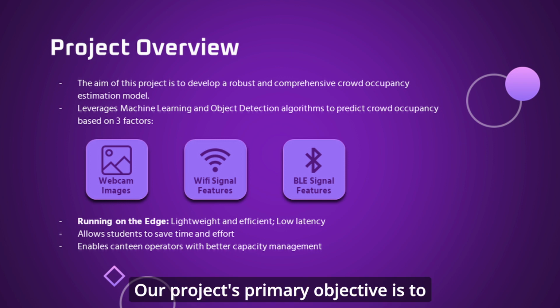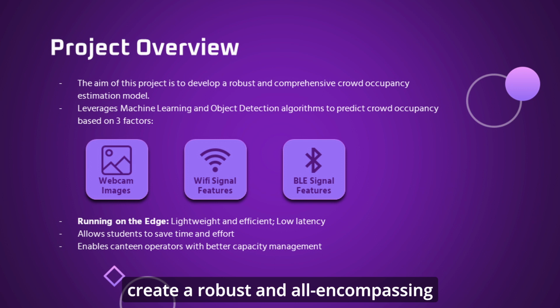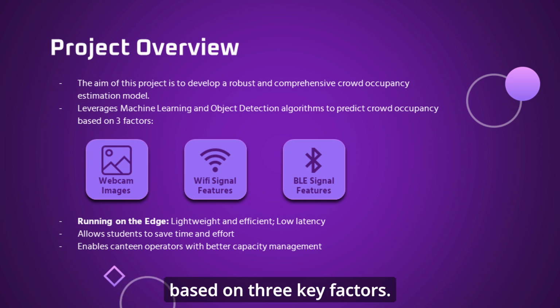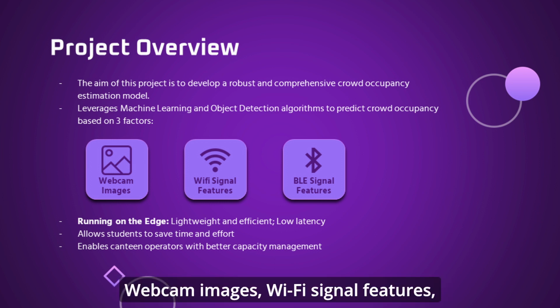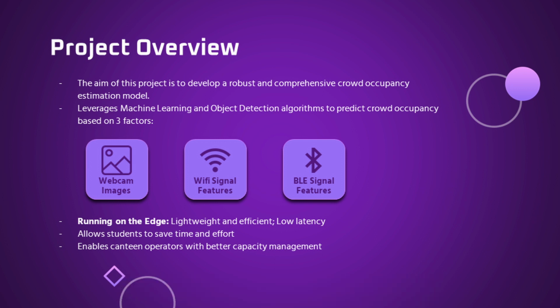Our project's primary objective is to create a robust and all-encompassing crowd occupancy estimation model. This model relies on a combination of machine learning and object detection algorithms to forecast crowd occupancy based on three key factors: webcam images, Wi-Fi signal features, and BLE signal features.